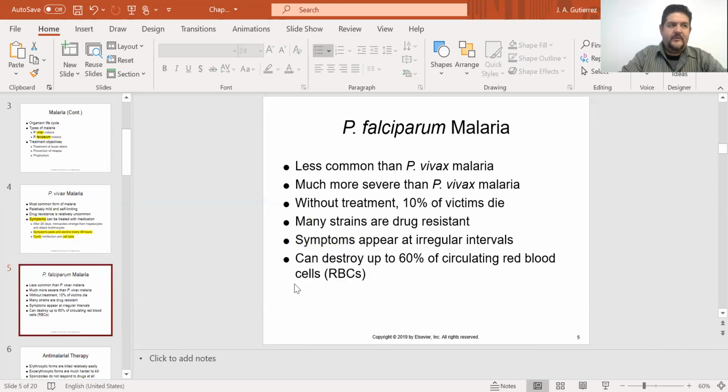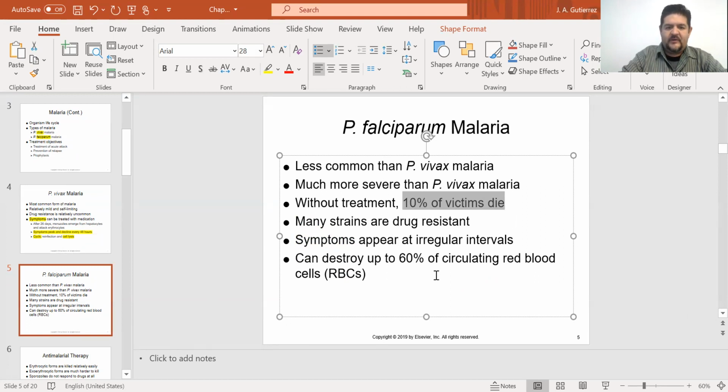With Plasmodium falciparum, it's more severe, and 10% of the victims will die if we don't treat them properly. This malaria can destroy up to 60% of the red blood cells circulating. So this patient has severe anemia.